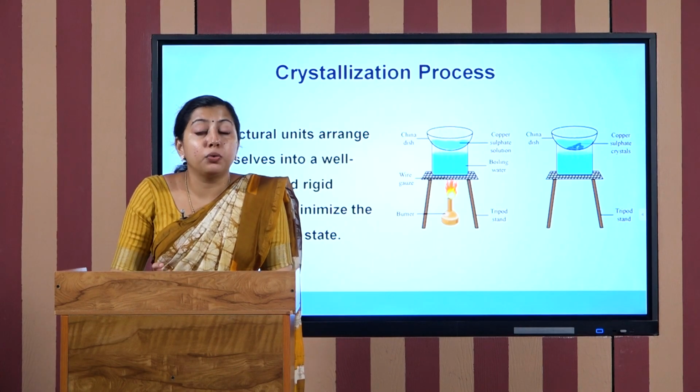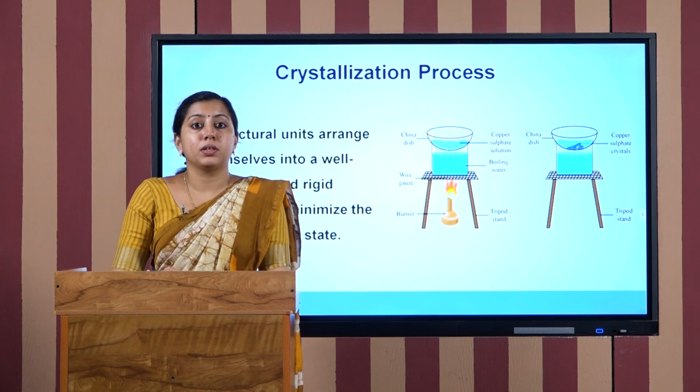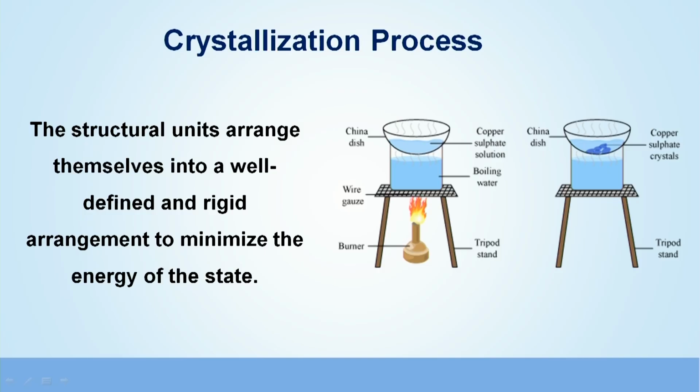Now, what happens during this crystallization process? The structural units, that is the atoms, ions or molecules, will arrange themselves into a well defined and rigid arrangement to minimize the energy of the state.